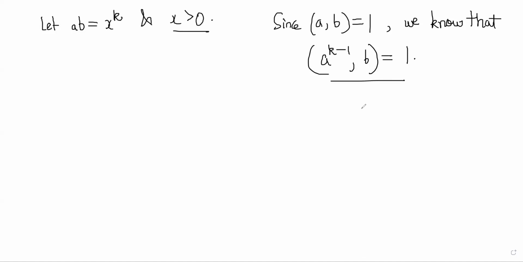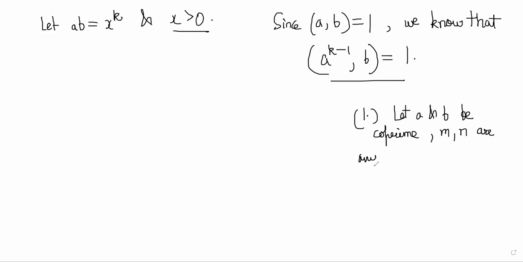And we have properties of GCD. Some couple of properties of GCD that we know are these. Let A and B be co-prime and M and N are any two positive integers. It is obvious that A power M and B power N will also be co-prime, right?